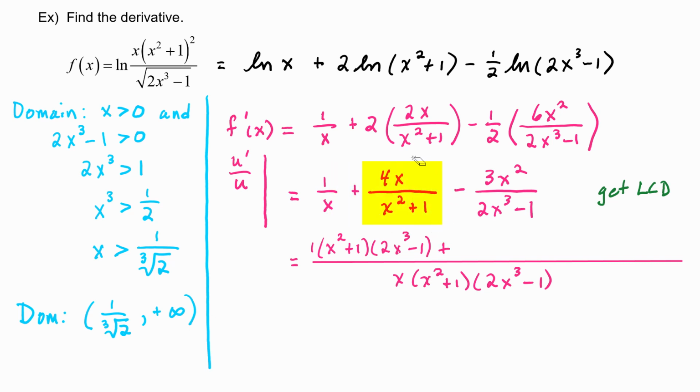This rational expression is missing the denominator of x and 2x cubed minus 1, so we take 4x times x times 2x cubed minus 1. Then we bring down the minus sign and the 3x squared, and this rational expression is missing these two denominators, so we multiply times x and x squared plus 1.